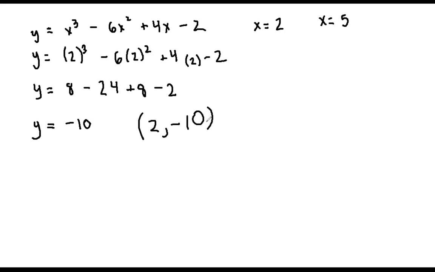And now let's find our second point by plugging in 5. So y is equal to 5 cubed minus 6 times 5 squared plus 4 times 5 minus 2. 5 cubed is 5 times 5 times 5, so 25 times 5, which is 125.